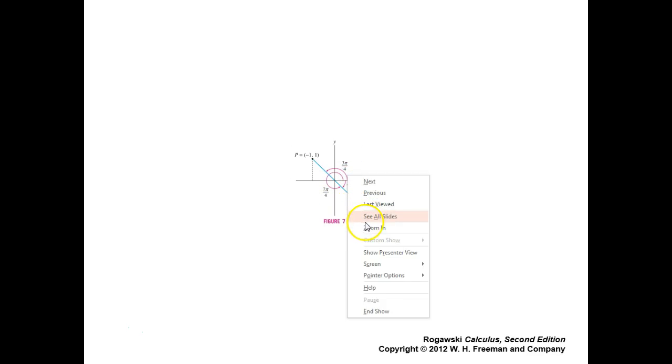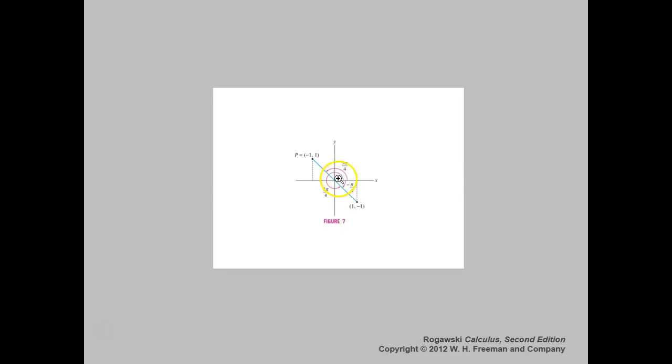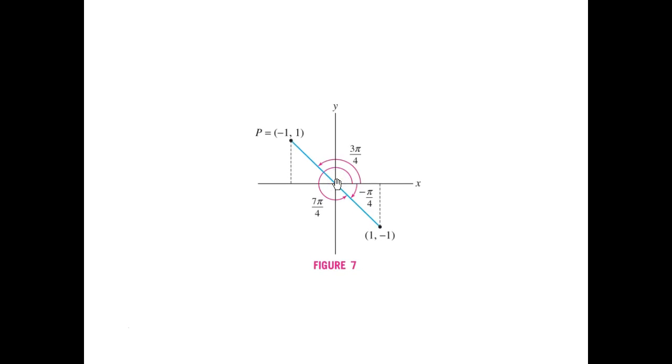Okay, let's look at the same deal with this one. Without looking at exactly what the books say, let's take a look at it. XY points, this is (1, -1), this is (-1, 1). Now, what would be either of those points in polar coordinates?